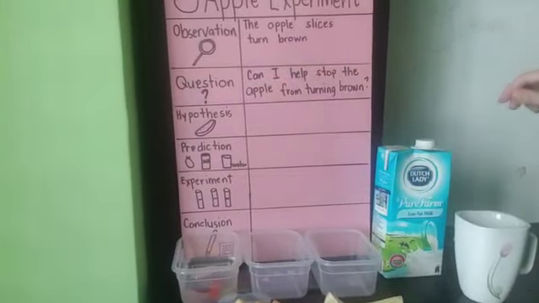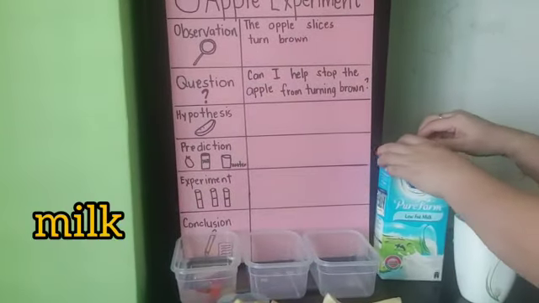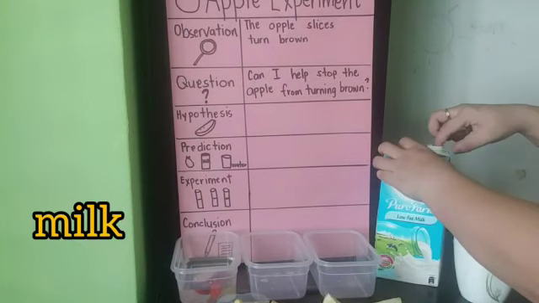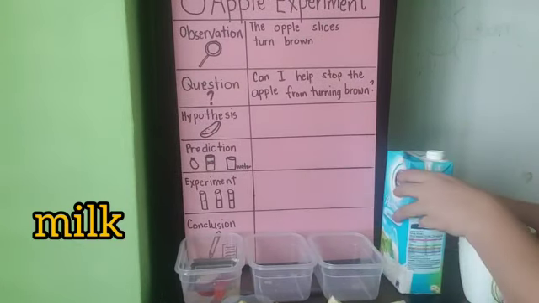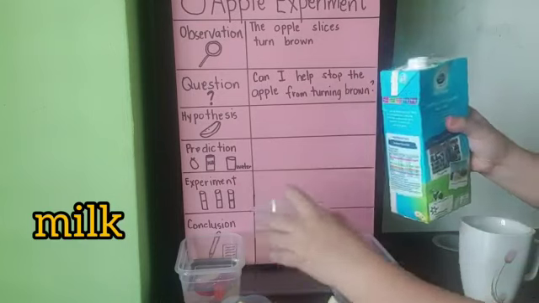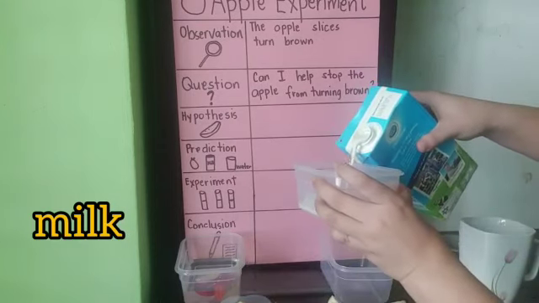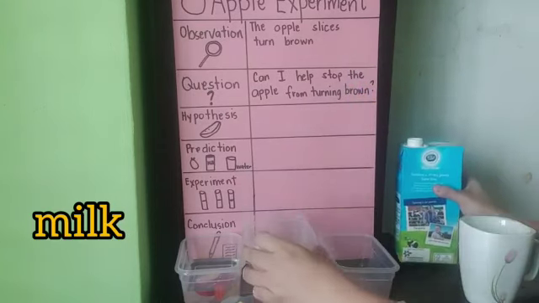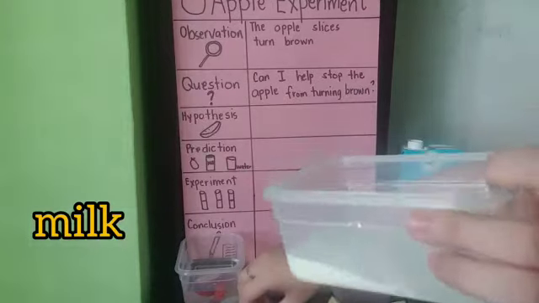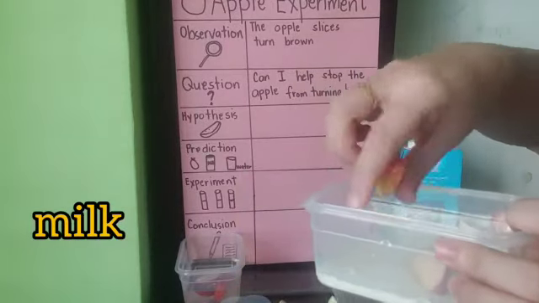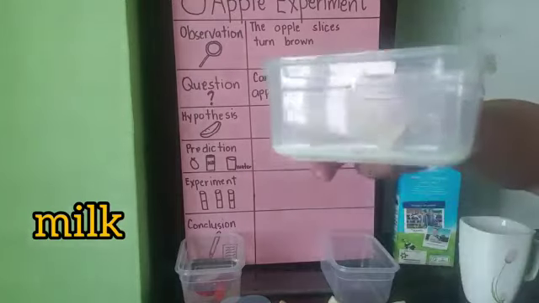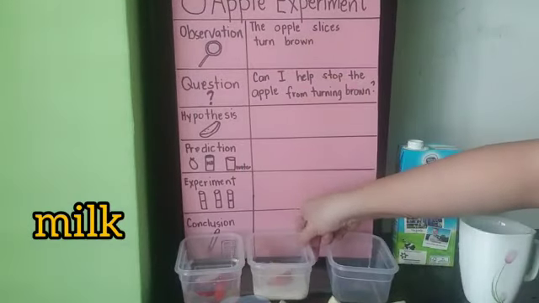Next one is we are going to use milk. So we'll just pour some milk in the second container and see if apples are going to turn. Okay, there you go. So we have the apples in the milk.